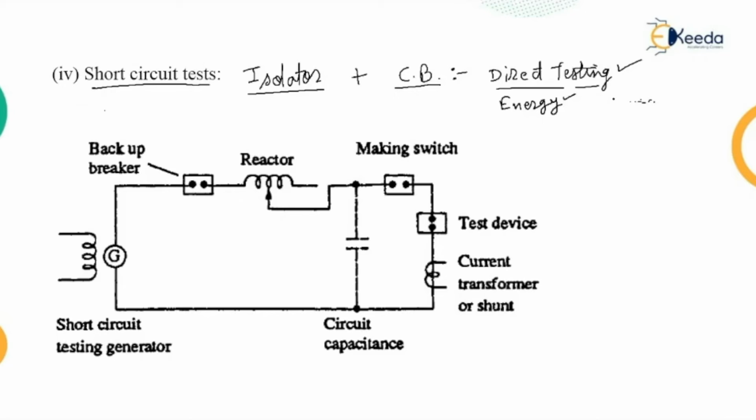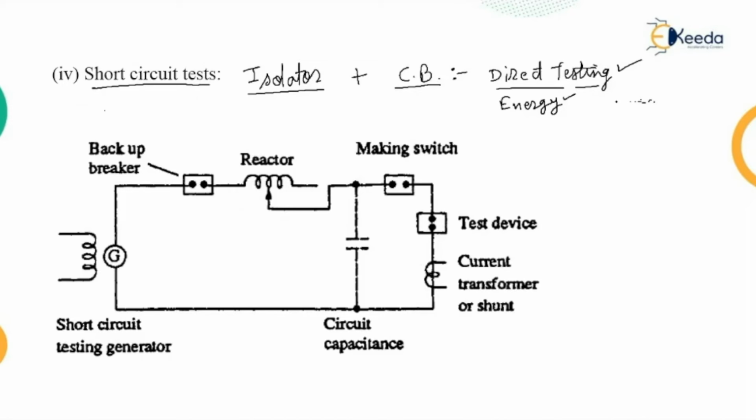The advantage of this field test or direct test is that the circuit breaker is tested under actual conditions, whatever conditions are going to occur in its life.